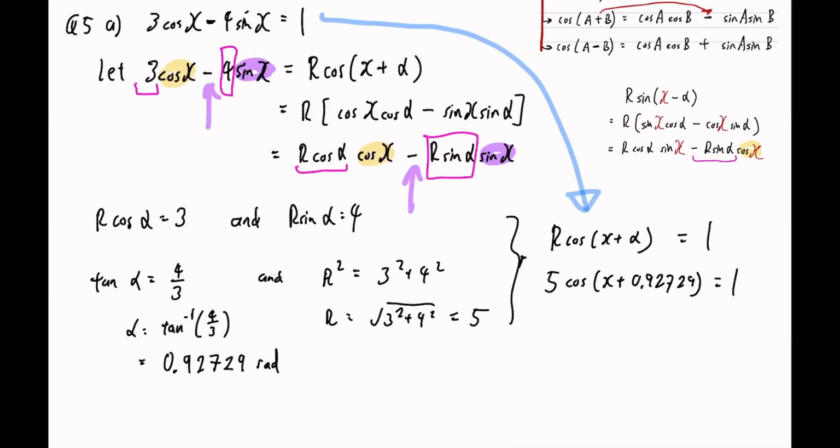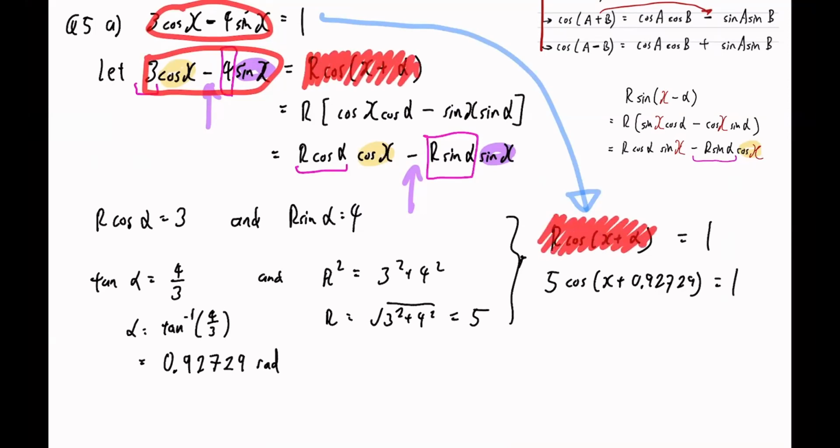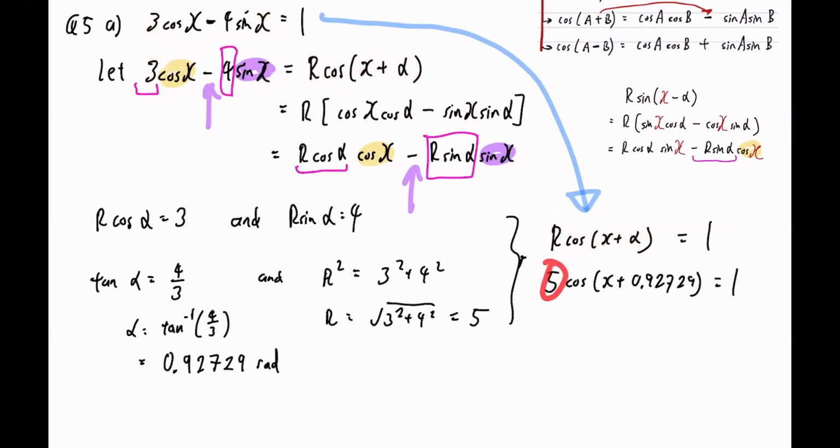We are replacing the left-hand side with r cos(x plus alpha), then we replace the r and the alpha. Is that okay? Good.